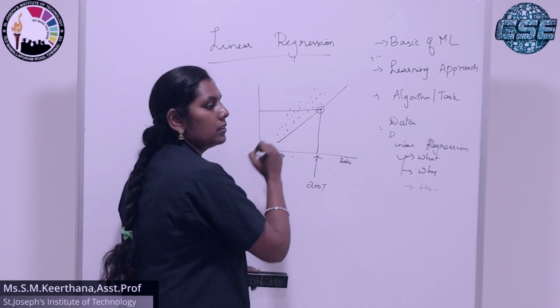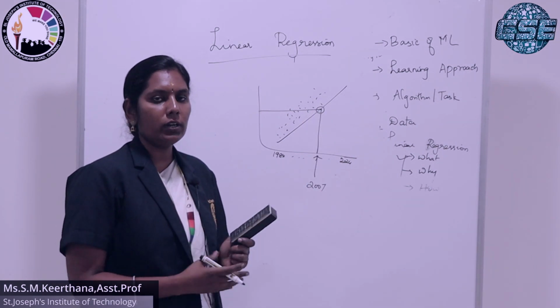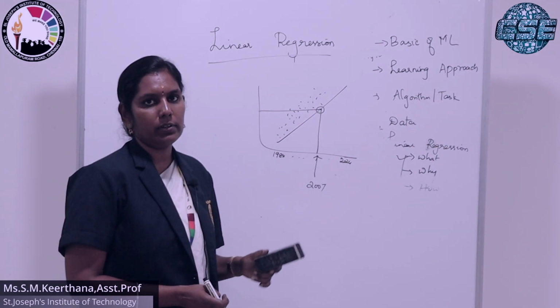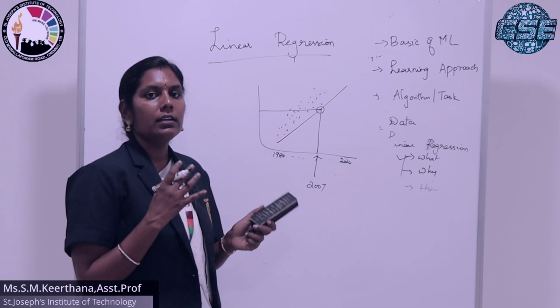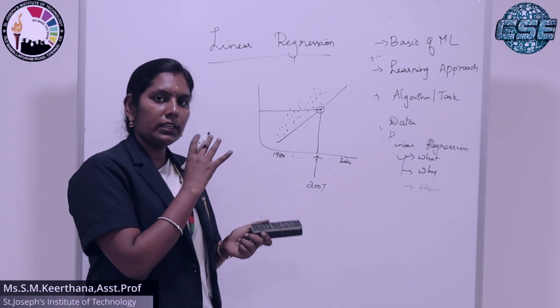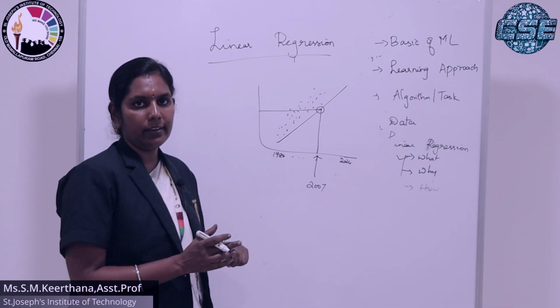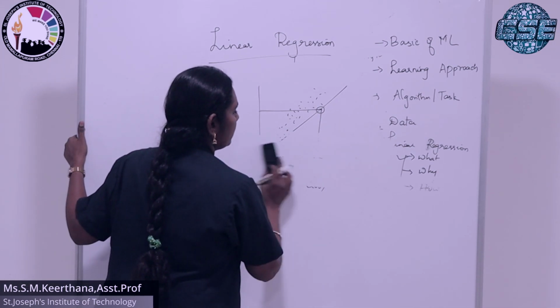By using this they can identify the amount that would be registered in 2007. So predicting something based on statistical data is called linear regression.